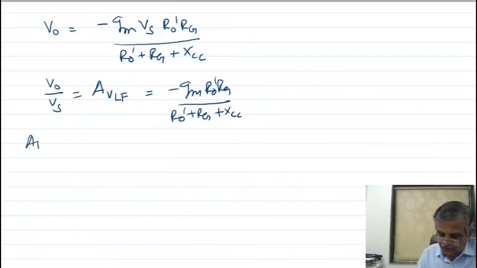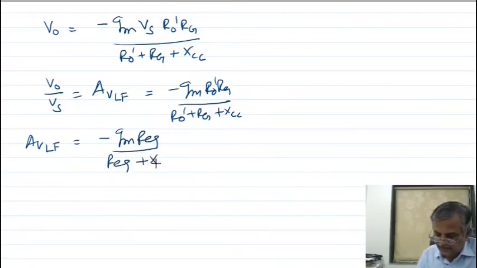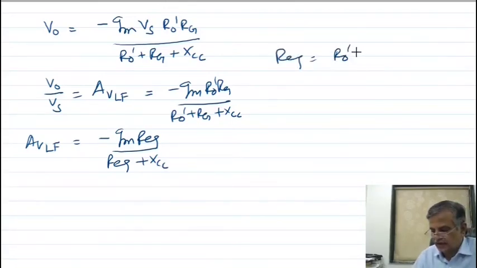So the gain of the amplifier at low frequency is minus GM R equivalent upon R equivalent plus XCC. R equivalent is nothing but RO dash RG upon RO dash plus RG.